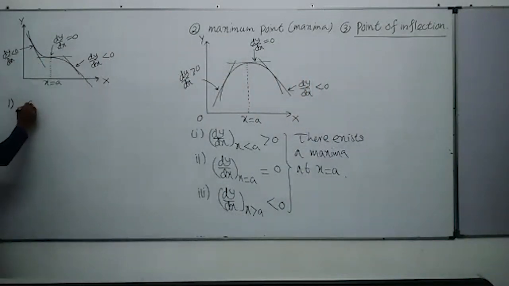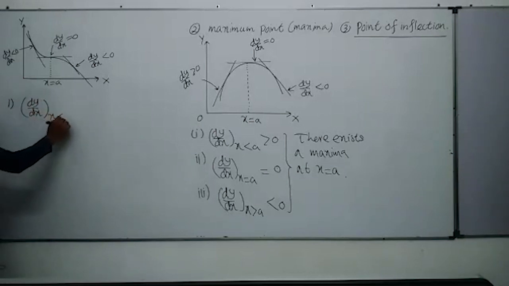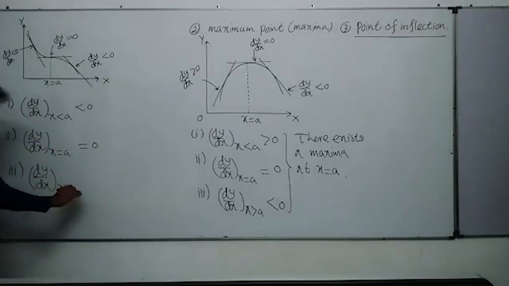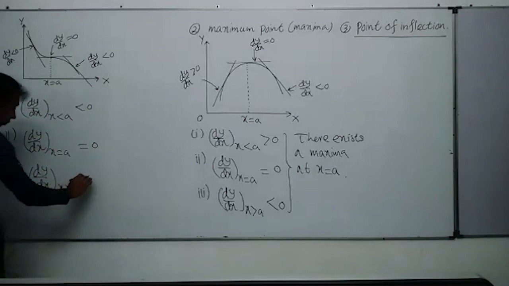If we write dy by dx, x less than a, negative, dy by dx at x equals a, 0, dy by dx x greater than a, also negative.